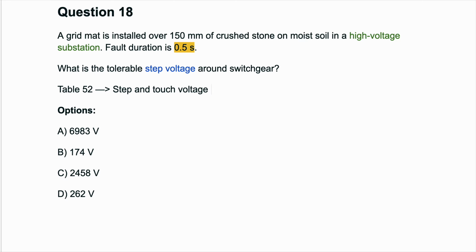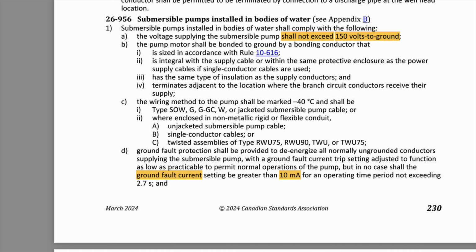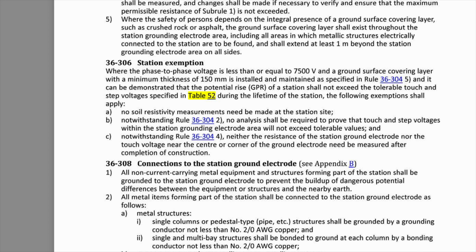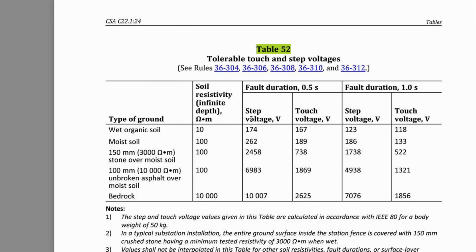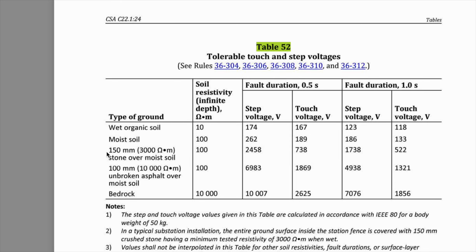Okay, let's go to Table 52 in the Canadian Electrical Code book. Table 52 is about tolerable touch and step voltages. So it was here, a 150 mm stone over moist soil.